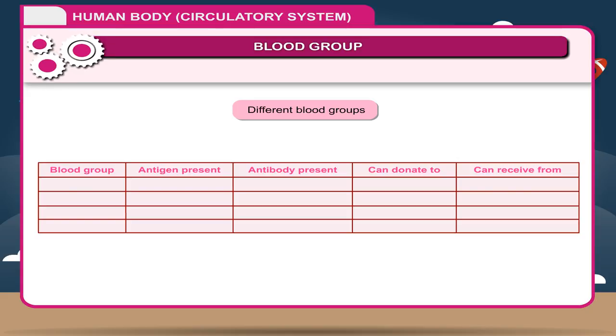A, A, B, A and AB, A and O. B, B, A, B and AB, B and O. AB, A and B, none, AB, all groups. O, none, A and B, all groups, O.